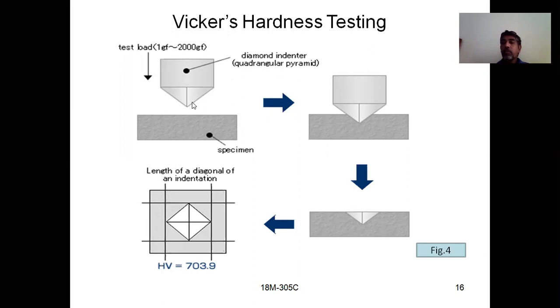You have four faces, and those four faces are joined at a sharp point here. In this view you can see only two faces, but there are four: 1, 2, 3, 4. These four faces are joined here.